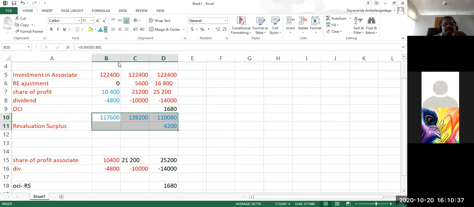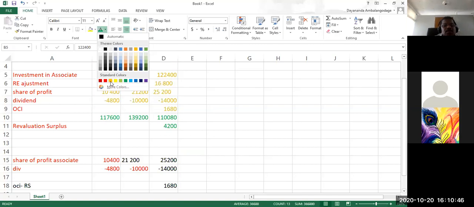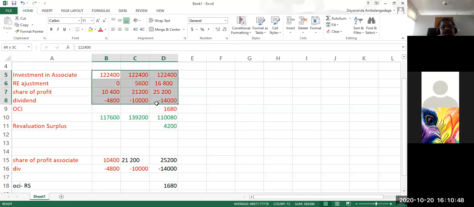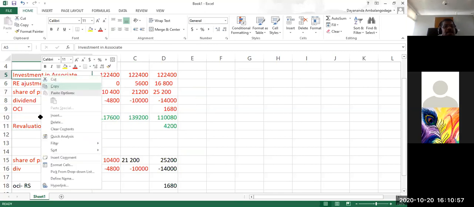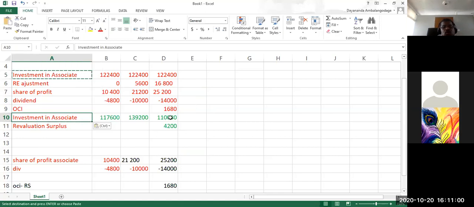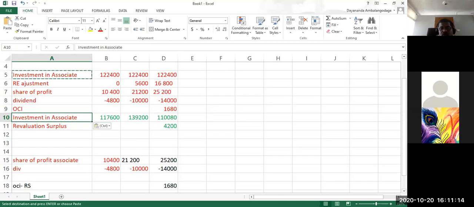Only we show these: investment in associate, revaluation surplus, share of profit, dividend, and because here dividend revenue, not the income, OCI. That's all. So I think with that, that question is over.